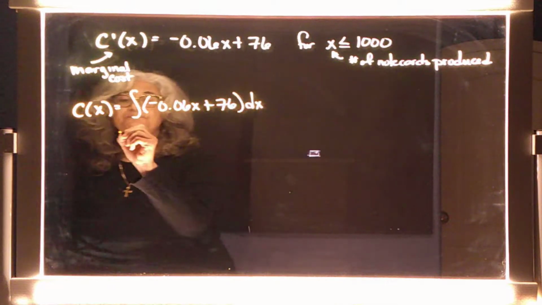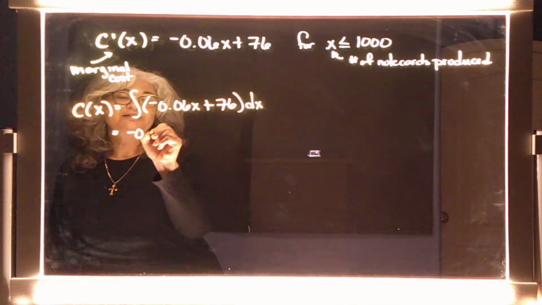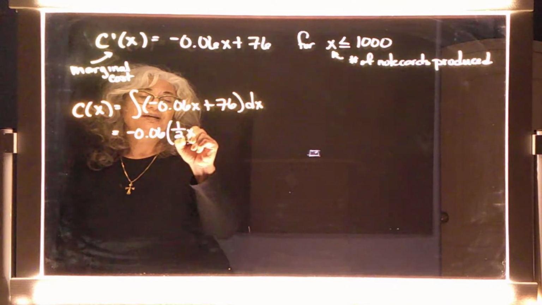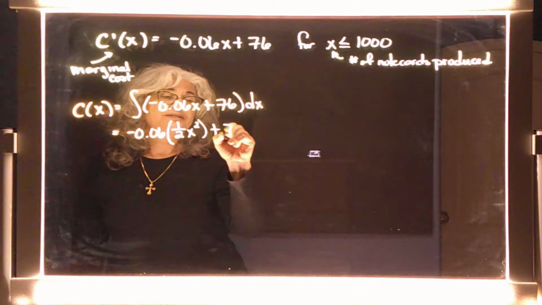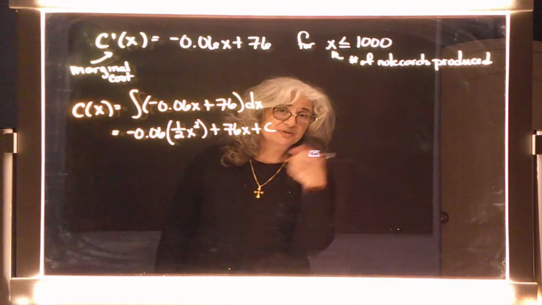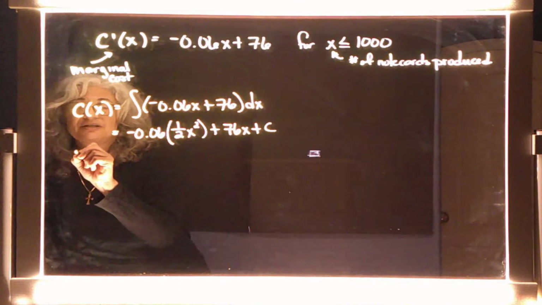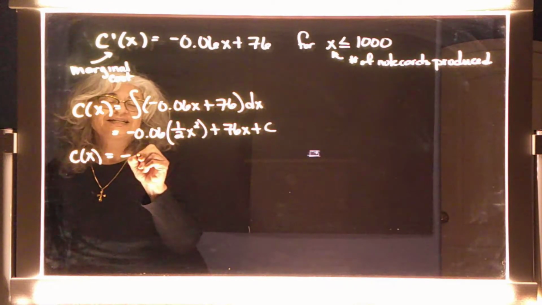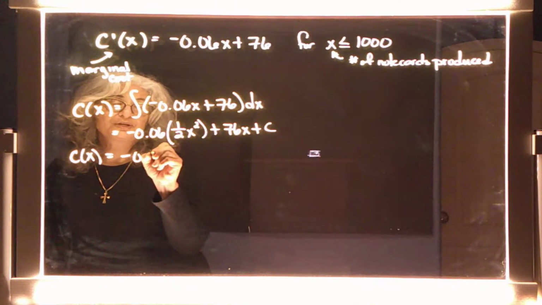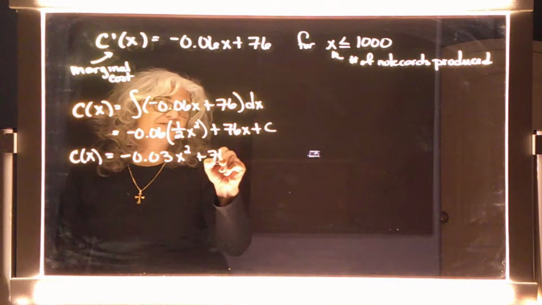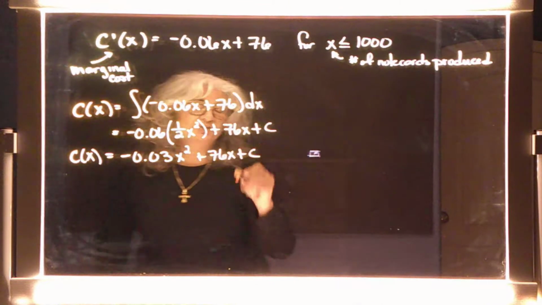We have negative 0.06 times 1/2 x squared plus 76x plus that c. You always have to have that c in there. So our cost function is looking like negative 0.03x squared plus 76x.